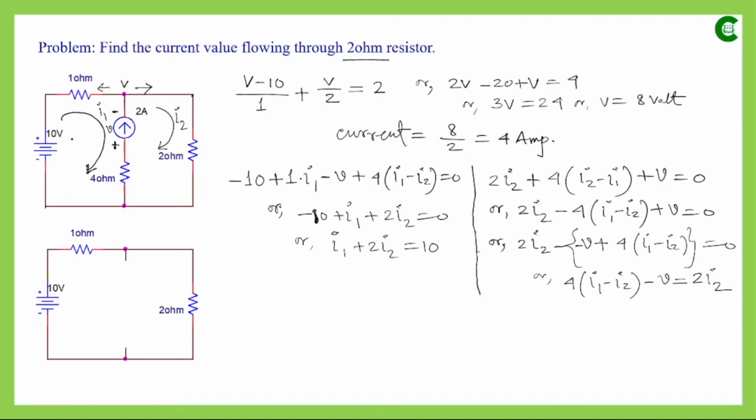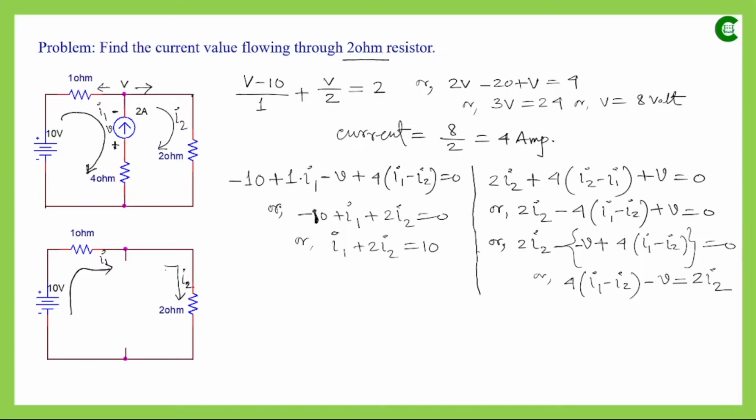Originally in the circuit, through the 10 volt source and this 1 ohm resistor, I1 current was flowing, and through this 2 ohm resistor, I2 current was flowing in our original circuit.